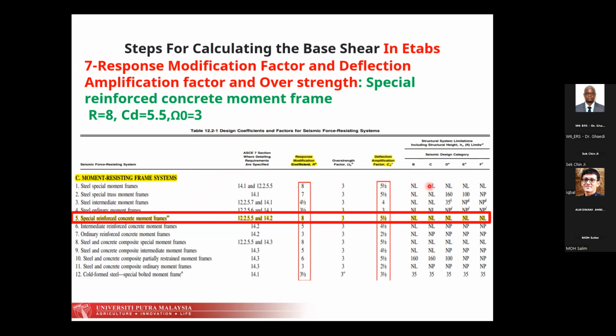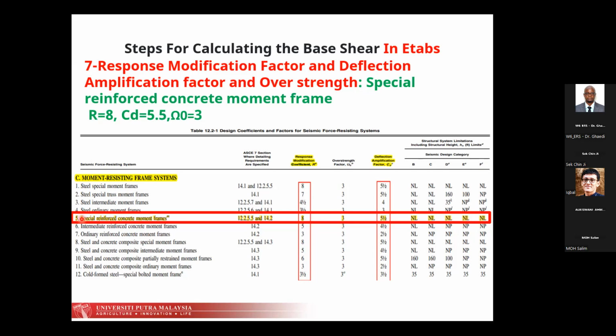So we have B, C, D, E, F, and we have NL and P and these values. NL means there is no limitation. Like if we choose a special reinforced concrete moment frame, we have no limitation. Even if our structure is in category E, there is no problem using a special reinforced concrete moment frame.